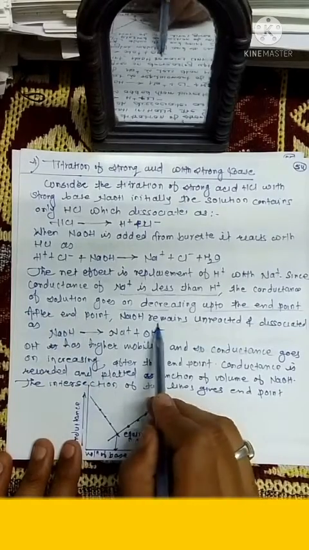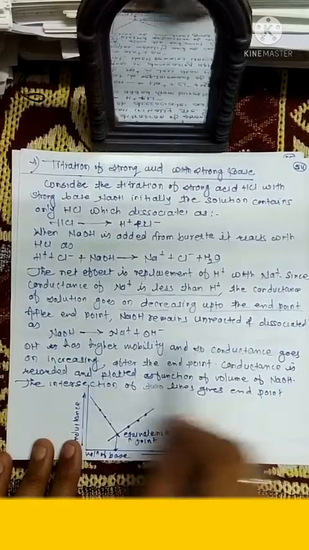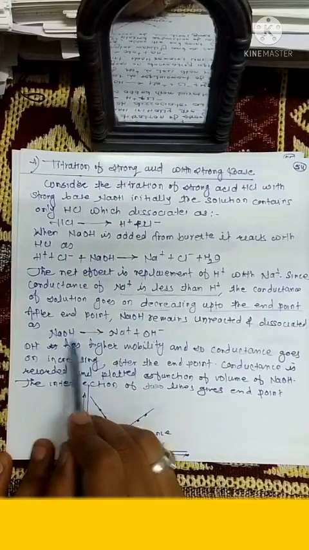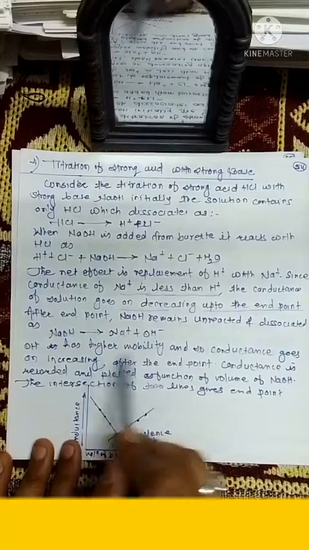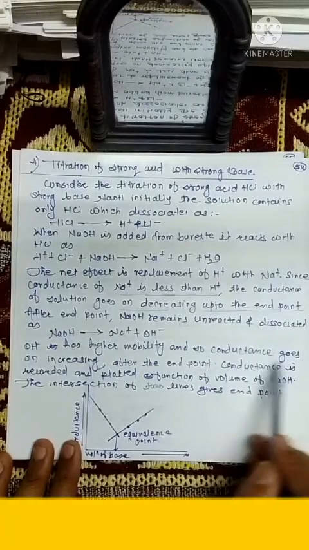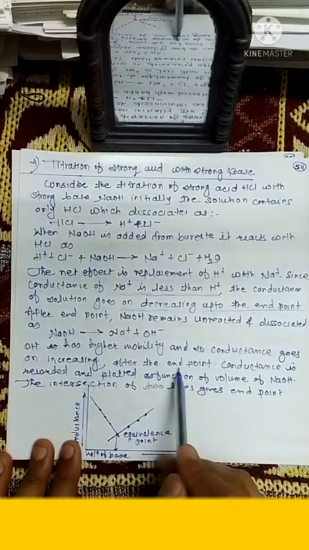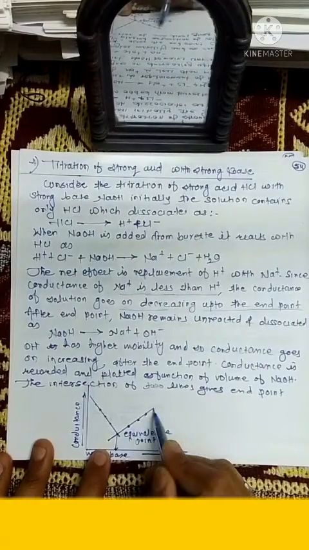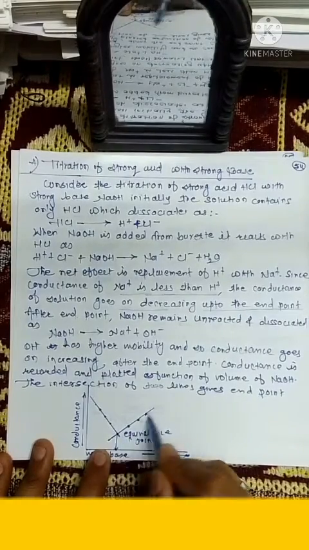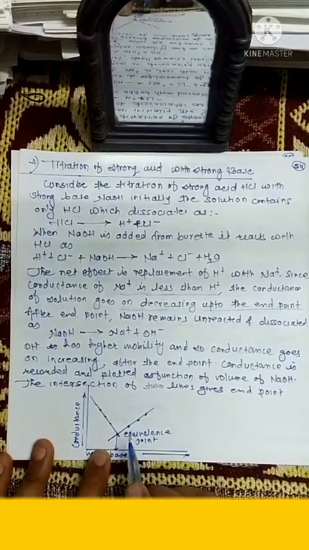After the end point, NaOH remains unreacted and dissociates as Na plus and OH minus. OH minus has higher mobility, so conductance goes on increasing after the end point. We can clearly see in this graph that after this point the conductance increases.